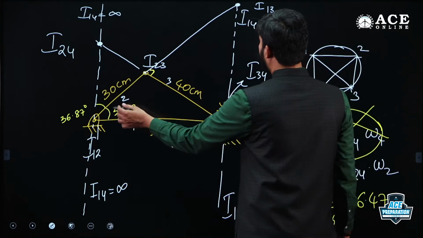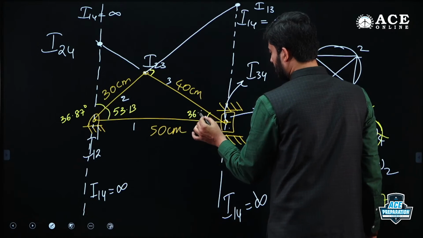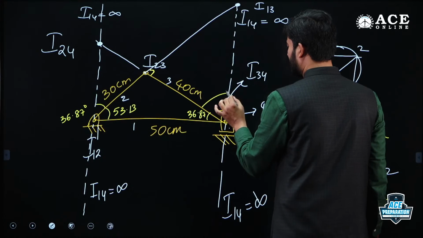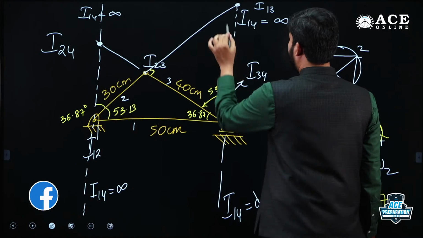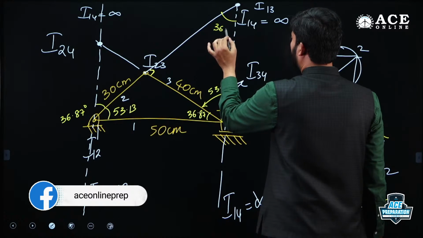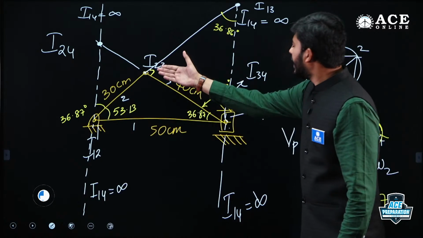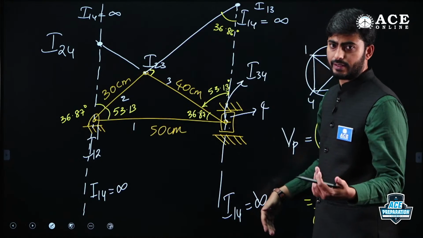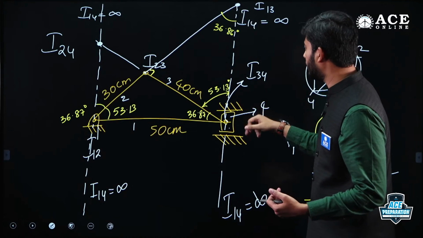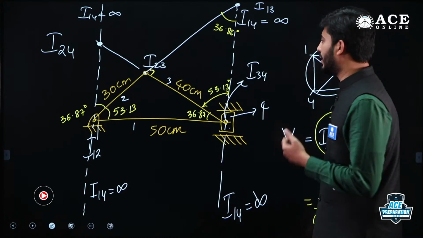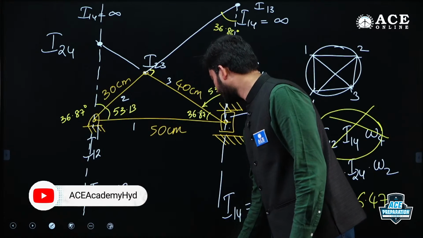This angle is 53.13, and if this is 90, then this will be 36.86 degrees. So you know that I23 I13 is the larger length, and this is the hypotenuse. So you can use the trigonometric ratio to get the answer, guys.